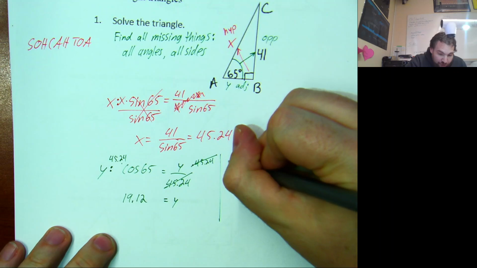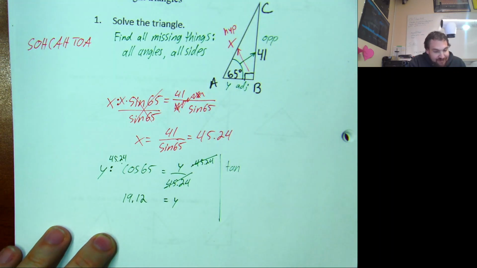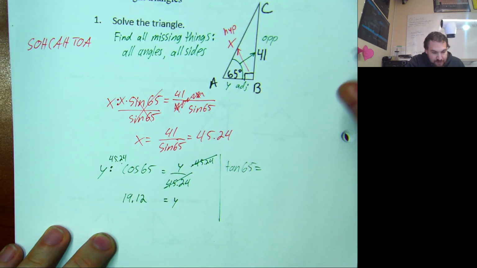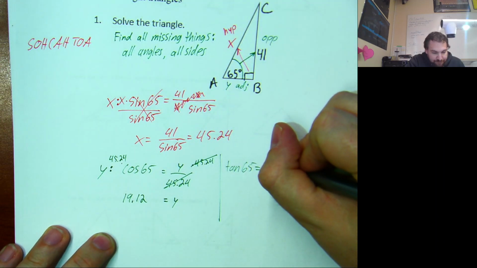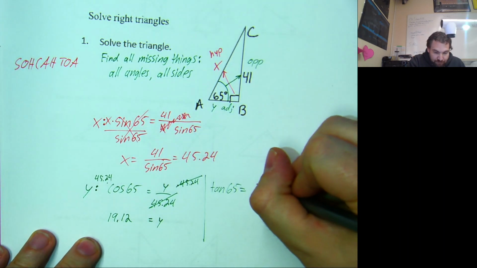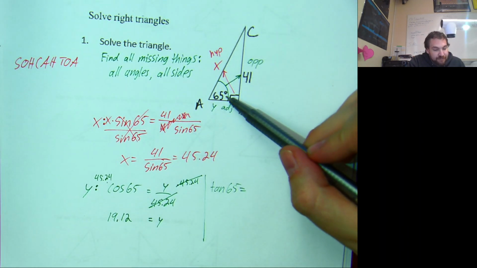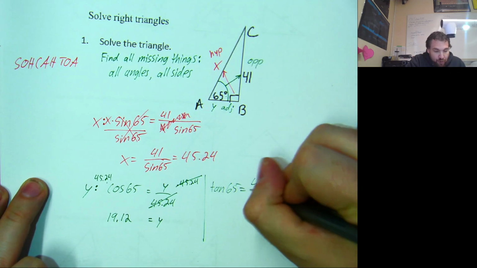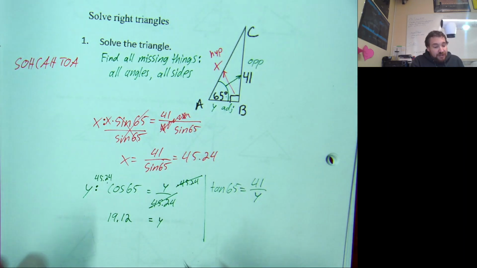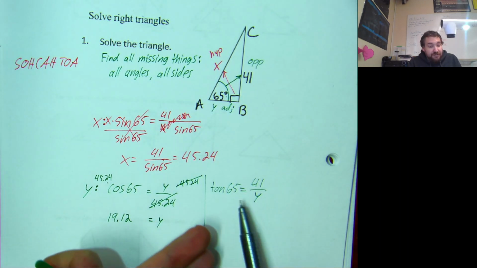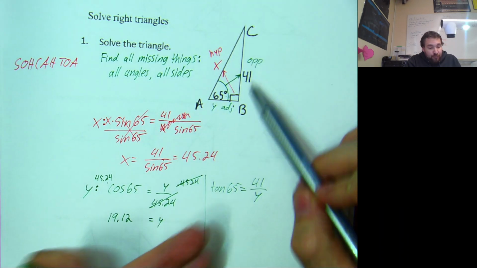Tan of 65 equals the opposite, 41, over y. So instead of cosine, where we used the side that we found, we could have used tan, because we have opposite and we're looking for adjacent.